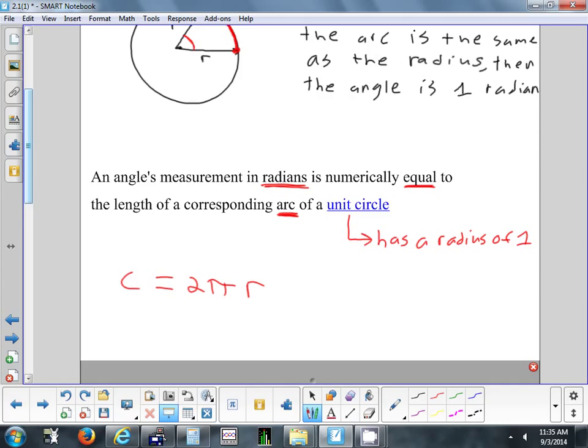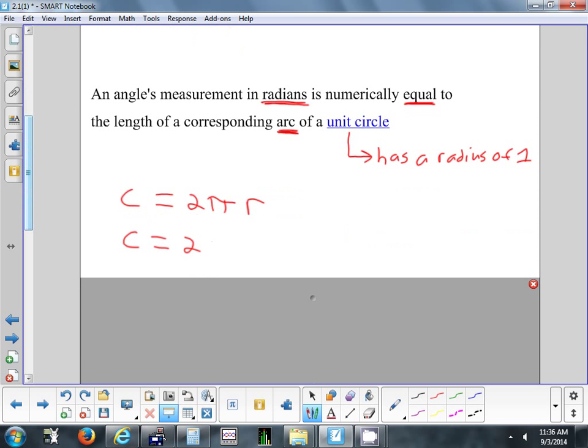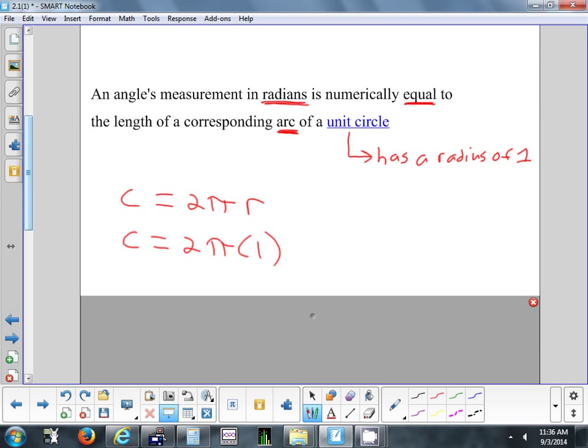And we also need to know r, but we're working with a special kind of circle called a unit circle. So what's the radius? Yep. How much? Just 1. Okay, you got a radius of 1. Let's fill that in. So if you multiply that out, what's 2 pi times 1? 6.28. And for now, we don't even have to do the decimal.